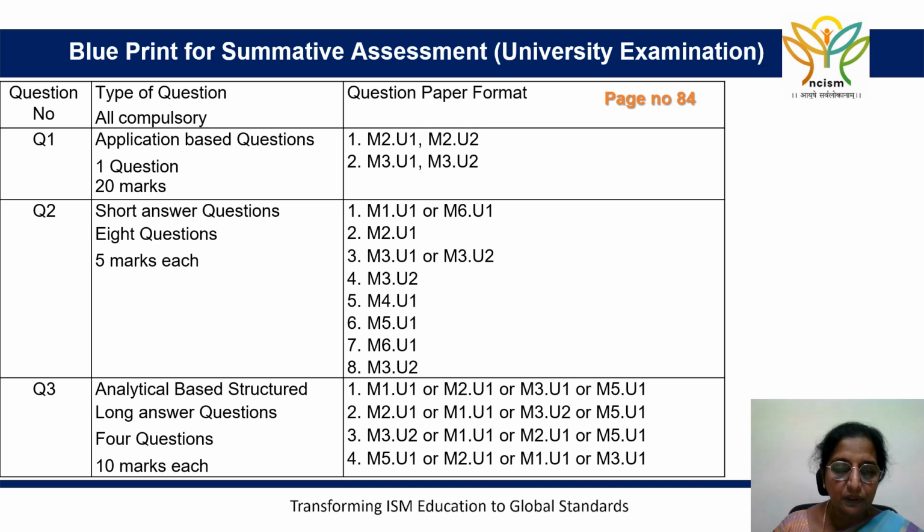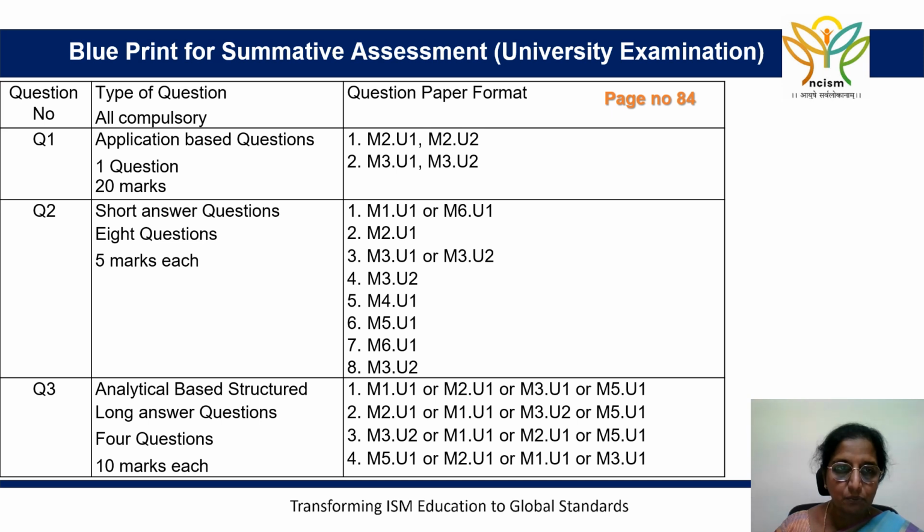Coming to the blueprint for the summative assessment, that is the university examination. This is available from page number 84. Here you can see the question numbers. There are 3 types of questions, ABQ, SAQ and LAQ, and the modules from which these questions need to be asked are shown in the last column.